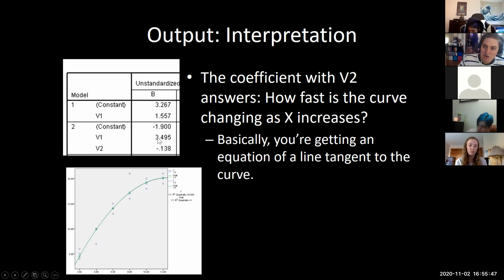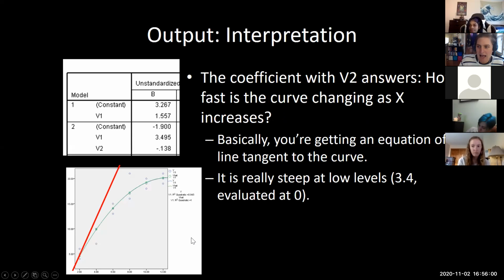What you're getting here is the line that's tangential to the curve, just to get all mathy on you for a second. Do y'all remember tangents? It's the line at this exact point. I guess it has to be 2 points right next to each other here. So this line is tangential to this curve. That has a slope of 3.5.